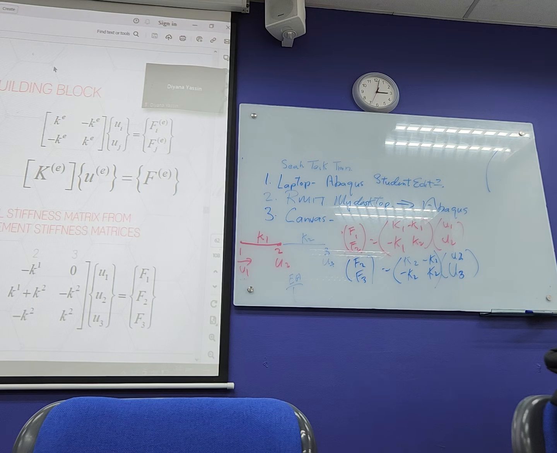In the event you don't know how to calculate, just draw a diagram for me. Show me you understand how this is supposed to be done, and I will still give you marks. I'm a bit serious. If you have nothing, you just write a matrix for me, I will confirm give you 0. It doesn't show me that you have an engineering appreciation for the problem. There's no way I can give you marks.